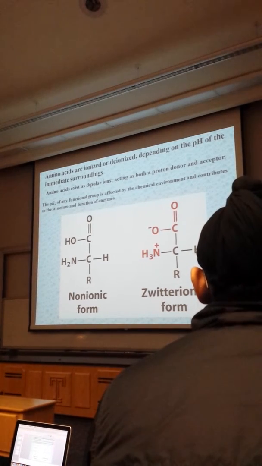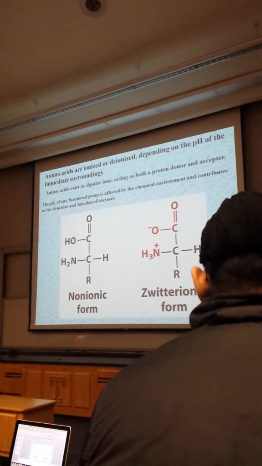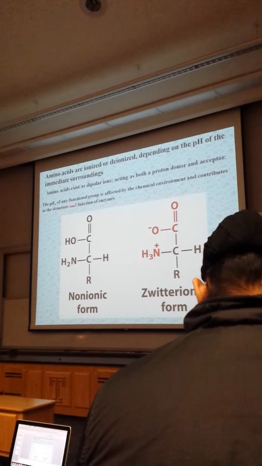What I want to also stress is that these are called functional groups. And they're going to affect the chemical environment. The functional groups that you find on amino acids will affect the structure and function of enzymes that they make up.